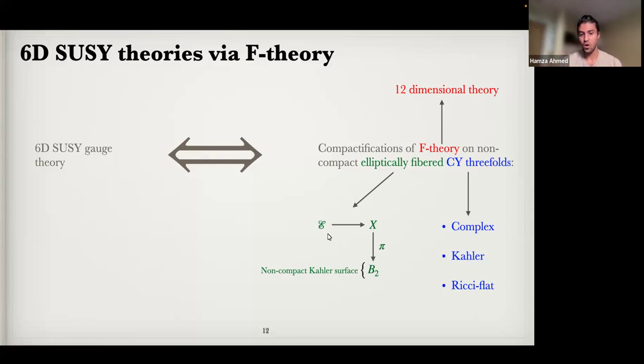So there's a divisor which intersects the fiber torus at exactly 1 point over each point of the base. And the base in particular for us has to be a non-compact Kähler surface, so that we can get a 6D supersymmetric gauge theory rather than a theory with gravity. So the base has to be non-compact such that we can decouple gravity from the physical theory. And so this is our setting.